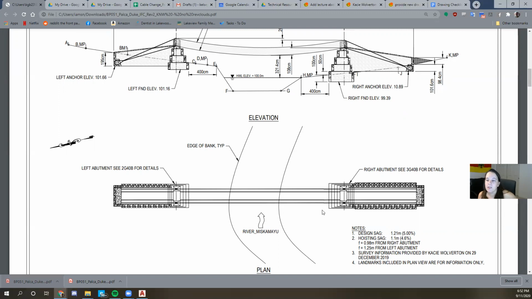It makes the abutments a lot larger and unnecessary. By engineering judgment, we've decided that when freeboard is a problem, it's a huge storm event, and so likely people aren't going to be crossing the bridge. They'll only have to cross if it's an emergency. Hopefully they're sheltering in place because there's crazy weather happening. That's the thought process behind that.